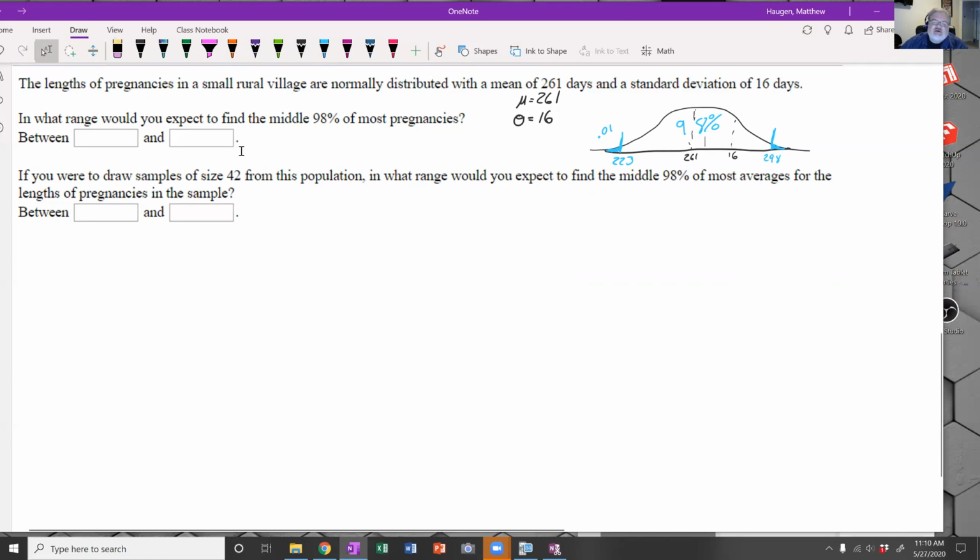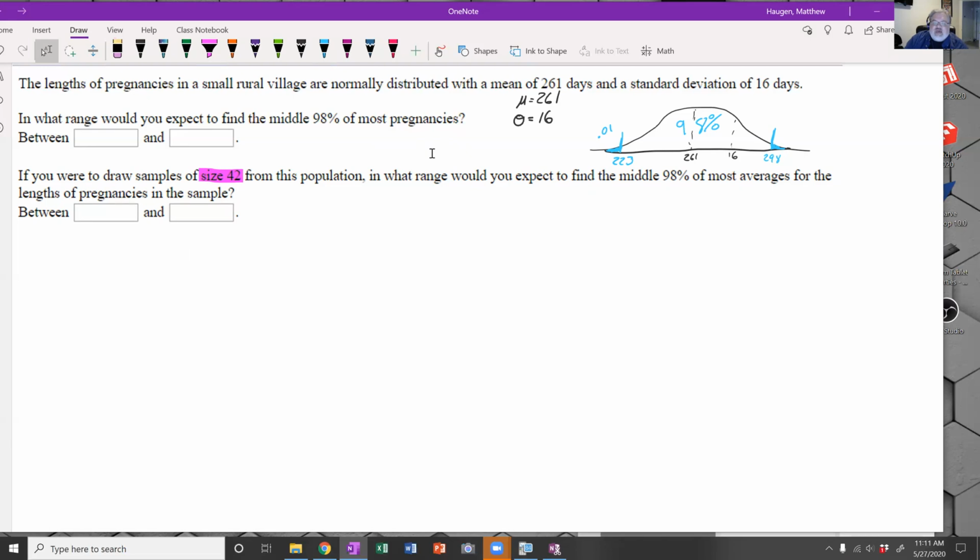But if instead of looking at individual pregnancies, we look at sample size 42 of pregnancies, so let's say a particular clinic handles about 42 pregnancies a year.